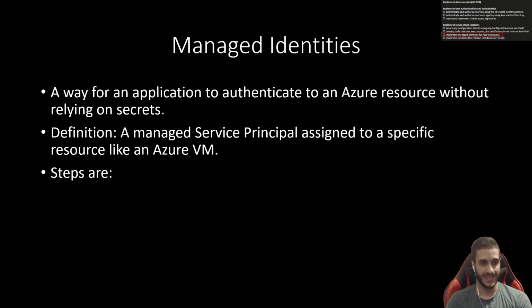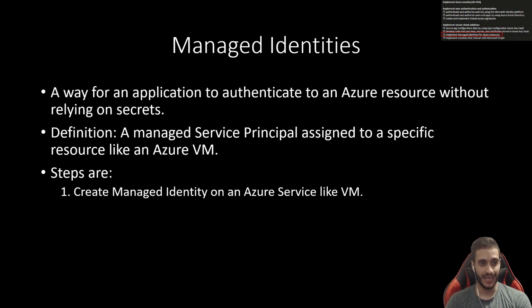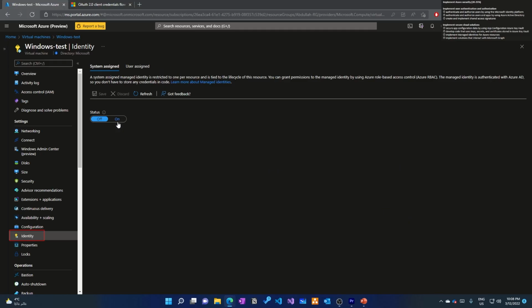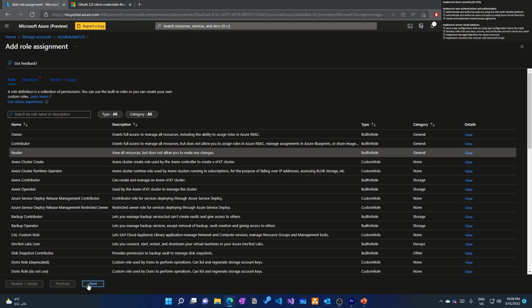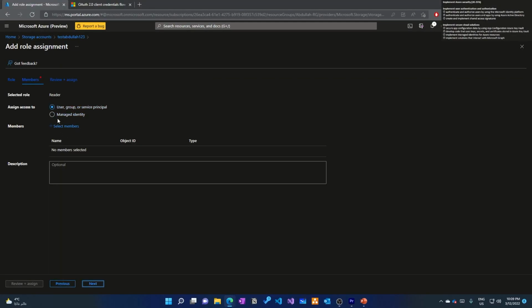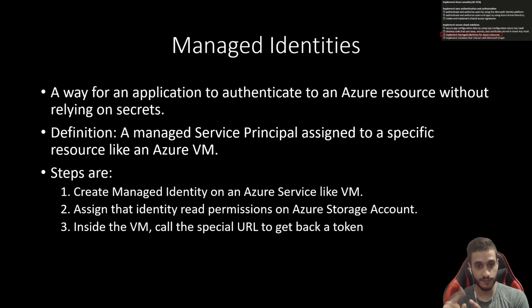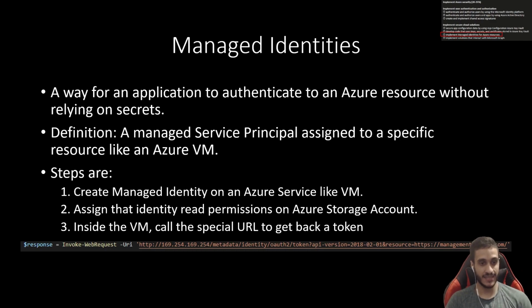Now, the steps to enable managed identities are, the first thing is you would create a managed identity on an Azure service like VM, for example, and then you would assign that identity read permissions on an Azure storage account, for example, and then inside that VM itself, you would call a specific URL to get back a token without relying on secrets whatsoever. As you can see, this is the special URL that is used here on this screen.